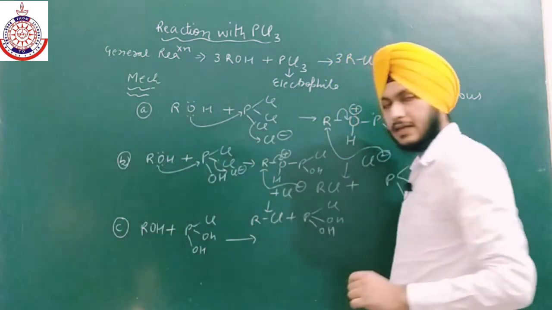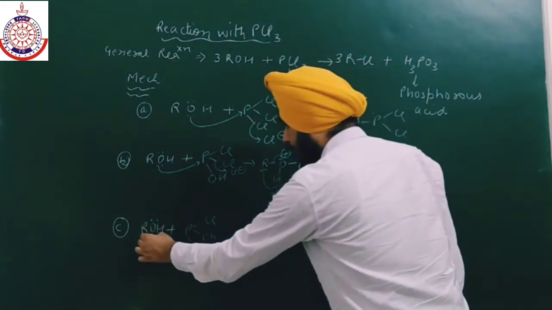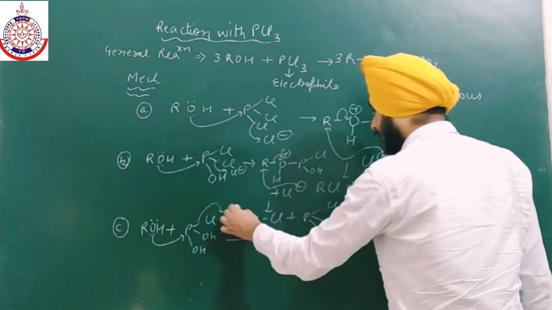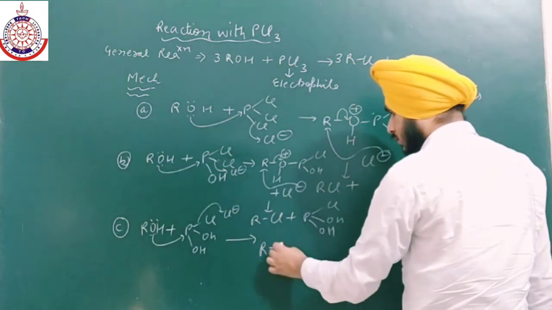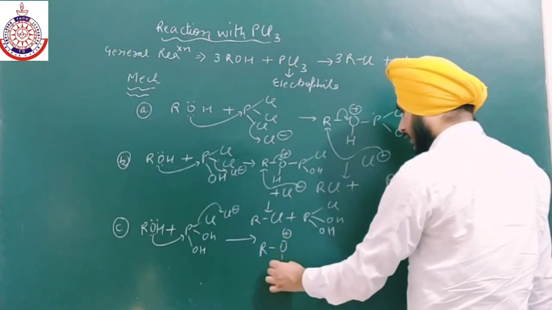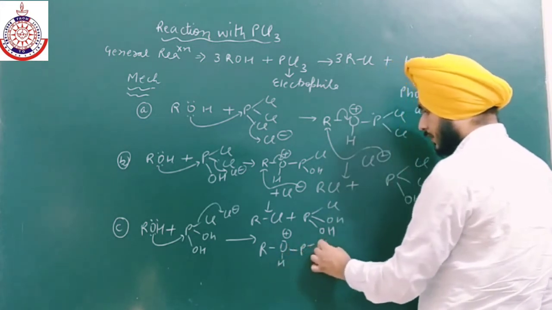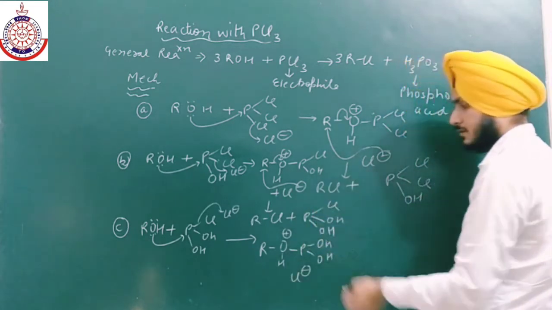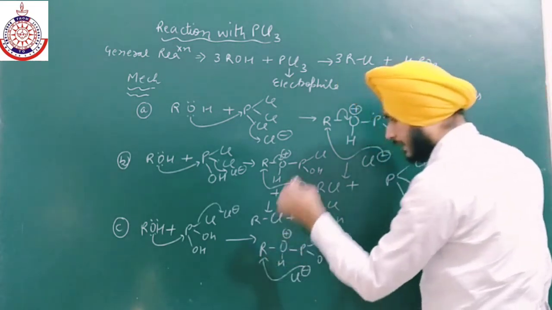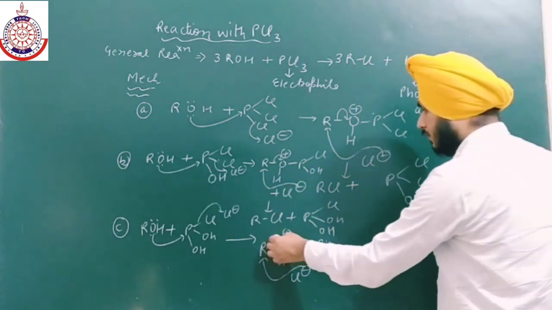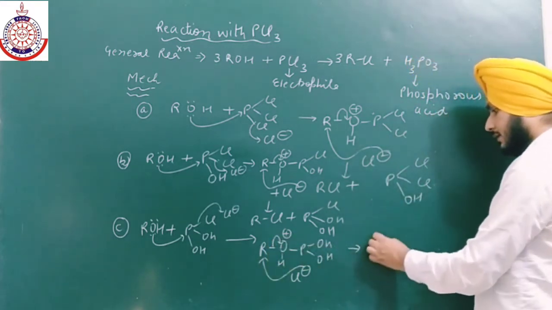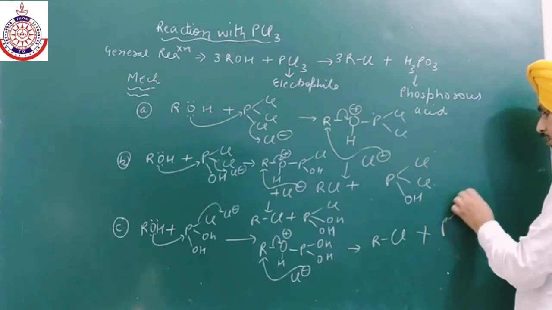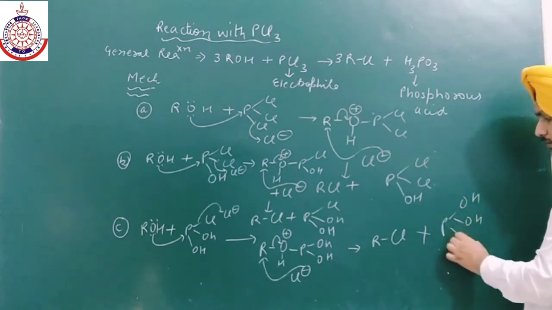The first step is again the attack of the nucleophile on phosphorus, and Cl will leave as a negative, and we have RO positive H, P, OH and OH, and we have Cl minus over here. Now again the Cl negative will attack and this bond will break, and we will get the last molecule RCl plus P, OH, OH and OH.